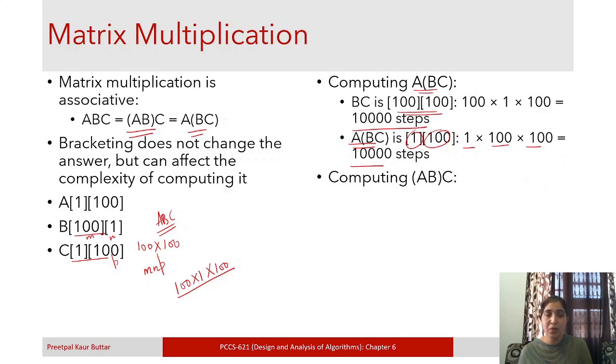The next option was to first compute A into B and then multiply it with C. So A into B. A is 1 cross 100 and B is 100 cross 1. So AB will be 1 cross 1 and the number of steps will be m into n into p. 1 into 100 into 1, 100 steps.